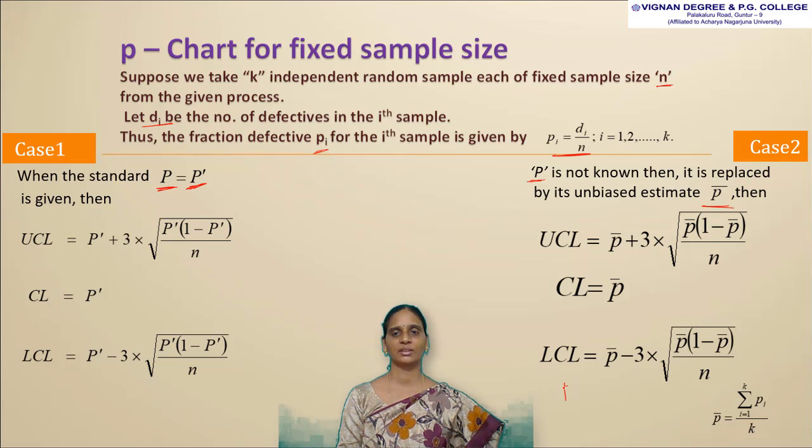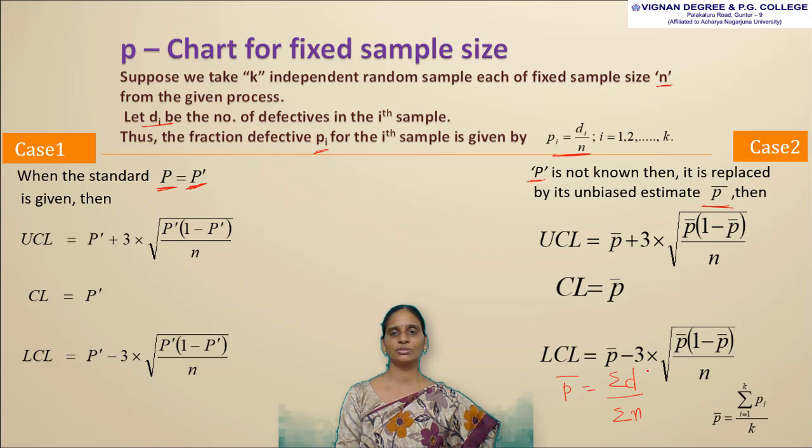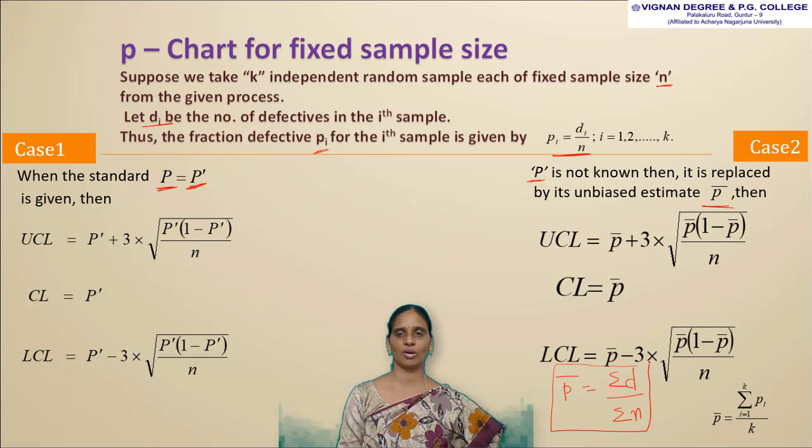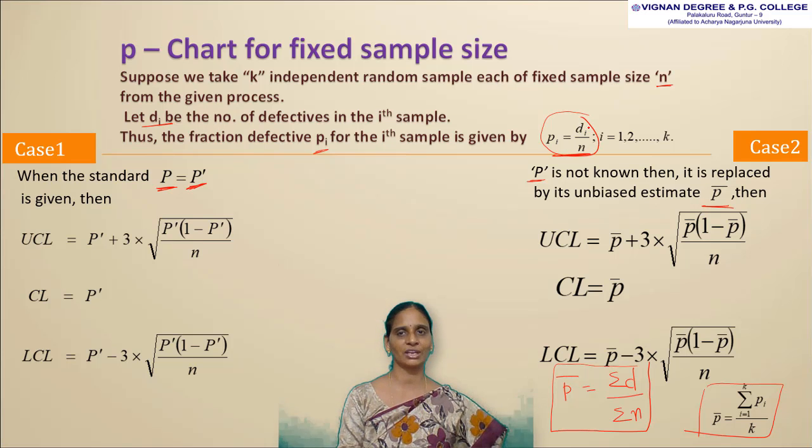That means small p bar is equal to the total number of defectives in the K samples, represented as summation D, divided by the total number of units in the K samples, that means summation N. By simplification we get the value as summation Pi divided by K. So in the calculation of P bar we use either this formula or this formula, summation Pi values divided by K, where Pi is equal to Di divided by N, the number of defectives divided by N.